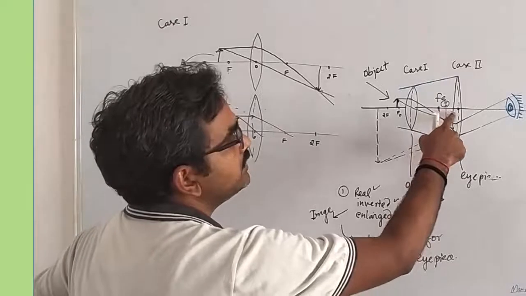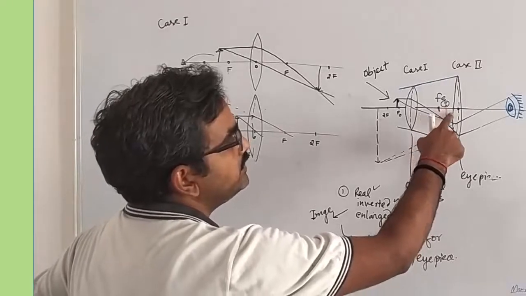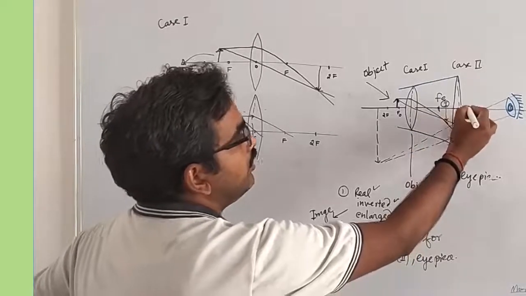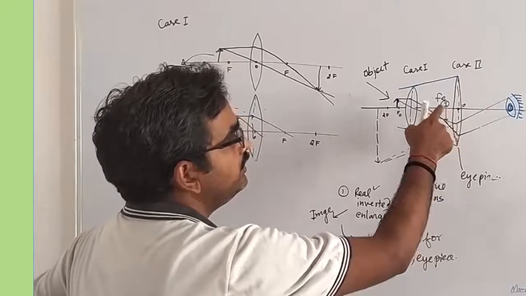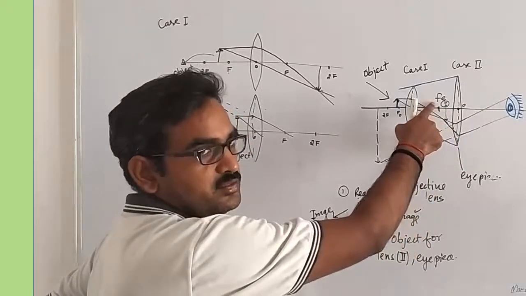So this is the second condition, when the object is placed between the optical center and the focal length. The image formed by the objective is inverted and real, that's why it acts as an object. So this image acts as the object for the eyepiece, and it enlarges it.